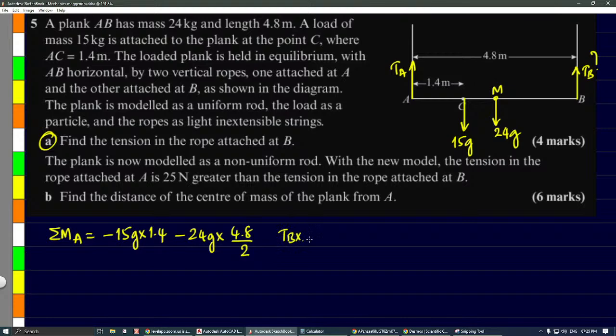Then TB times total length 4.8, this one is anti-clockwise, so plus. Total should be 0. So TB is the only unknown here. Find the value of TB. That's it.